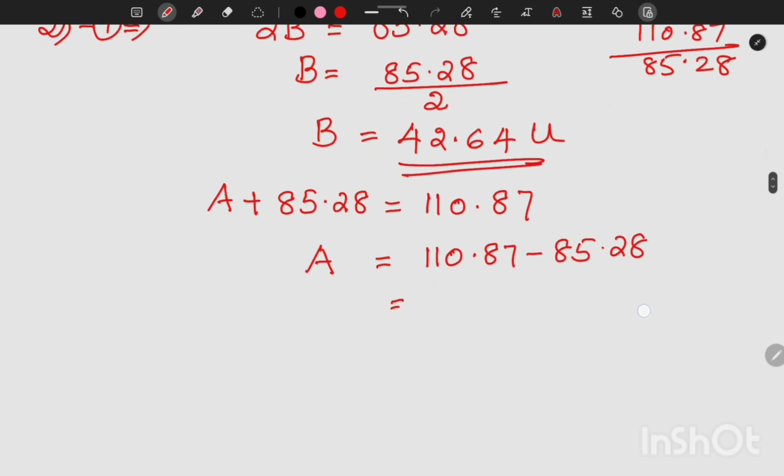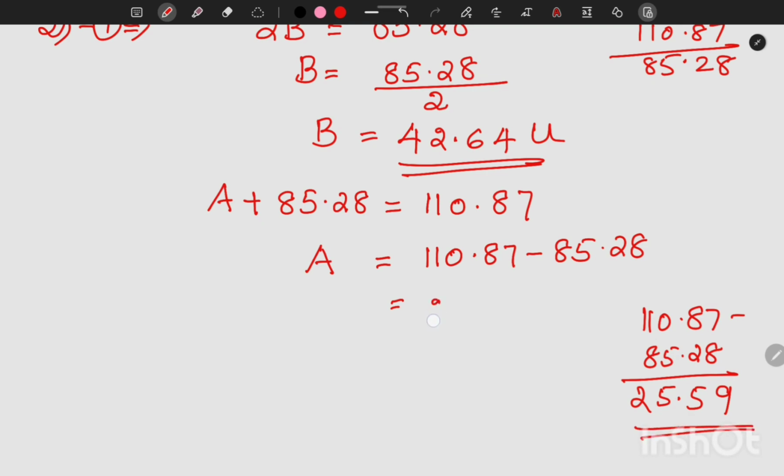When we simplify this, we will get 25.59 U. So these are the atomic masses of A and B.